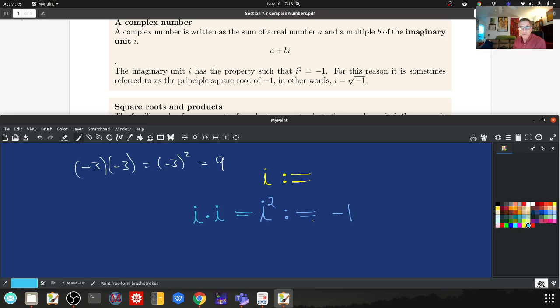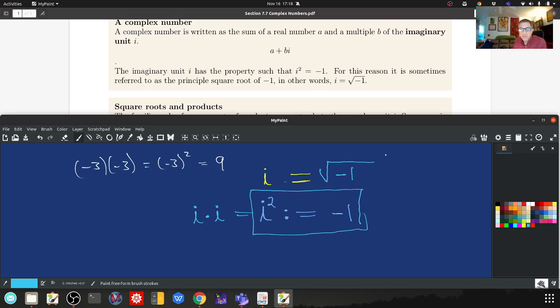So there's no real number with that property, so just by that definition in and of itself, you know it's not a real number. That's one possible way to do it, and if we start out this way as our definition, it follows then that i itself, when I take the square root of both sides, is equal to the square root of minus 1.